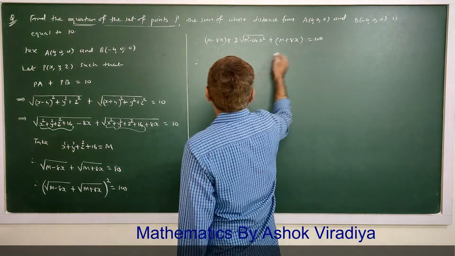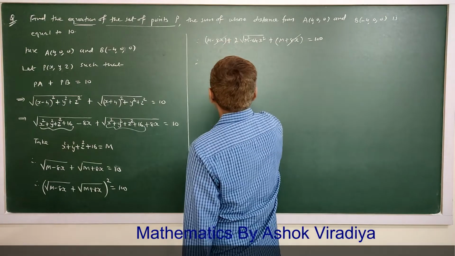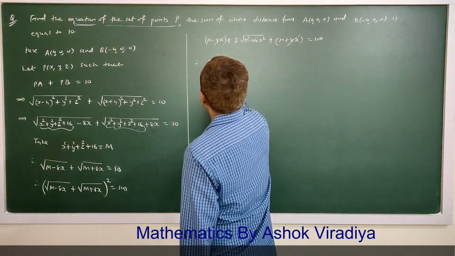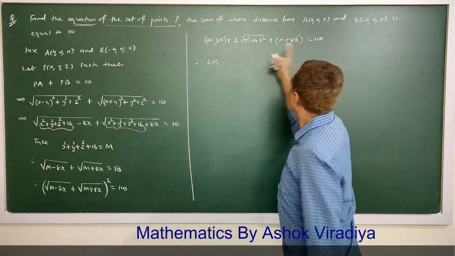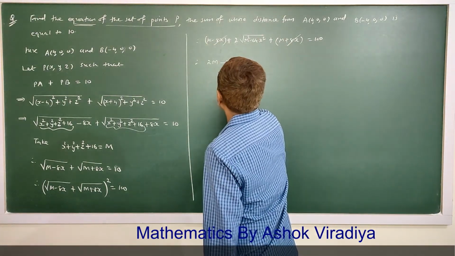Therefore, now plus 8x minus 8x will be cancelled. m plus m is 2m. This 100 I am taking on this side, so minus 100.